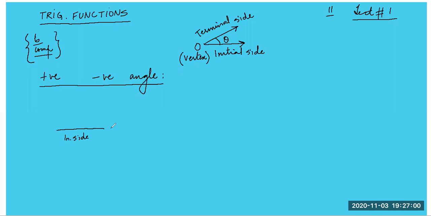I'm talking about a positive angle first. This is my initial side. This is my vertex, right, guys? And if I take an angle in anti-clockwise direction, students, so this is my terminal side.